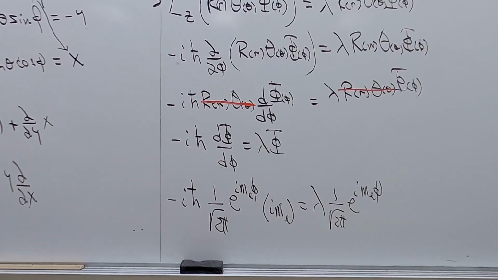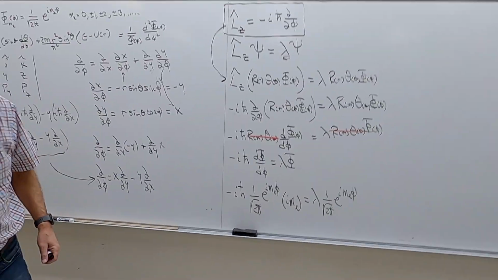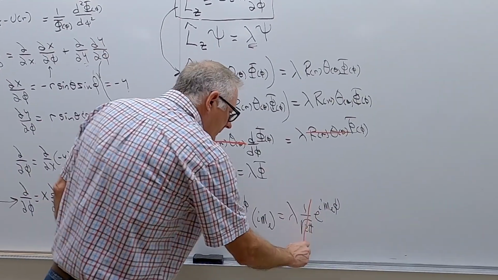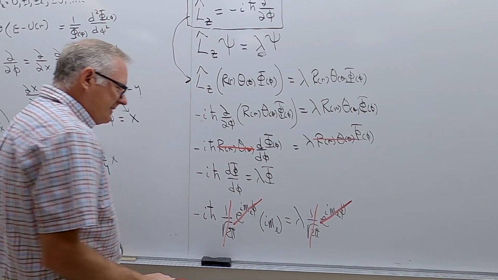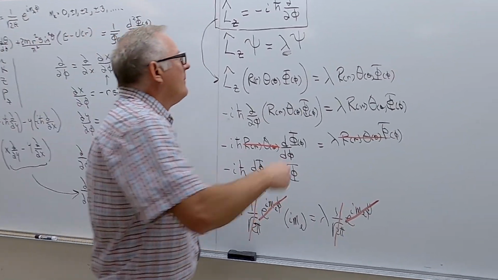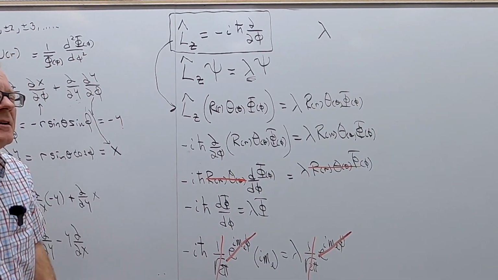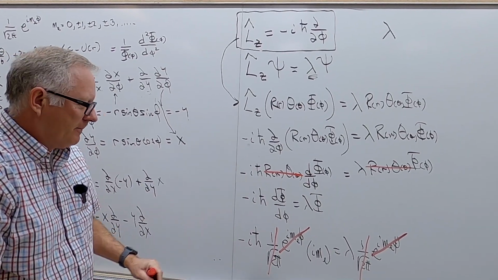Remember, what we're trying to find is lambda, because that's my eigenvalues. Well, what can I cancel? They both have a 1 over the square root of 2 pi. They both have an e to the i m sub l phi. And so I got my lambda. These are the possible values of the z component of the orbital angular momentum.